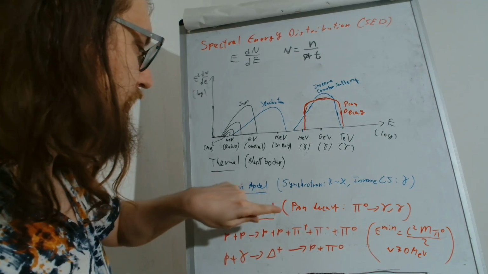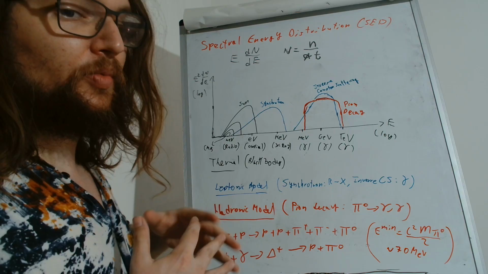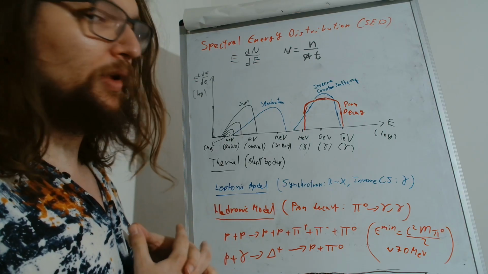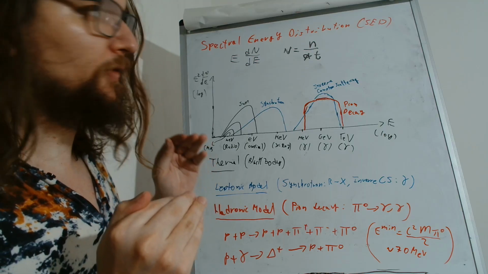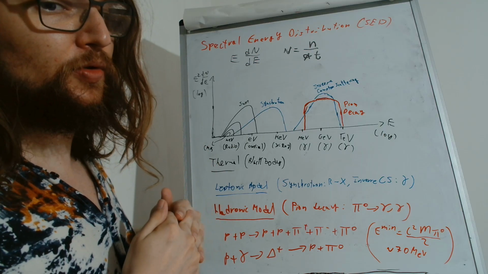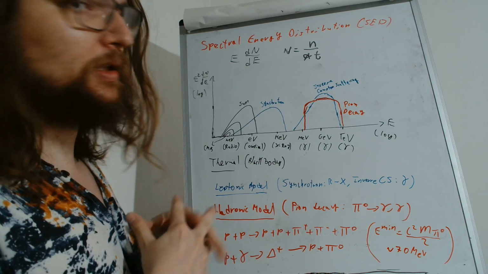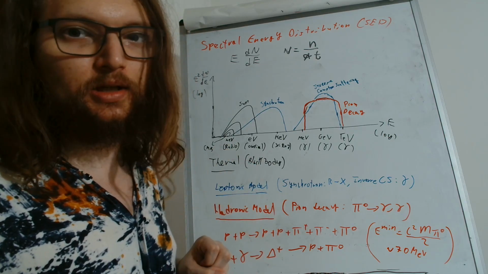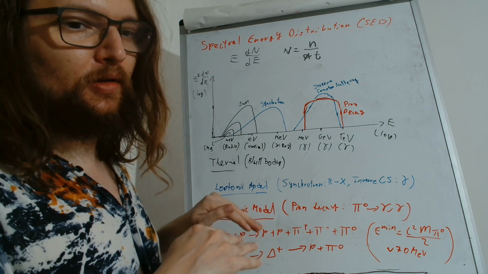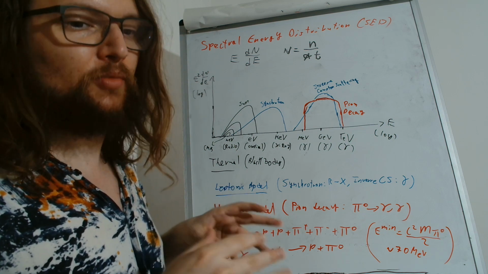And protons can also, as we have seen in the last video, interact with photons. We have seen photons of the microwave background radiation, but photons in acceleration sites are even more energetic.